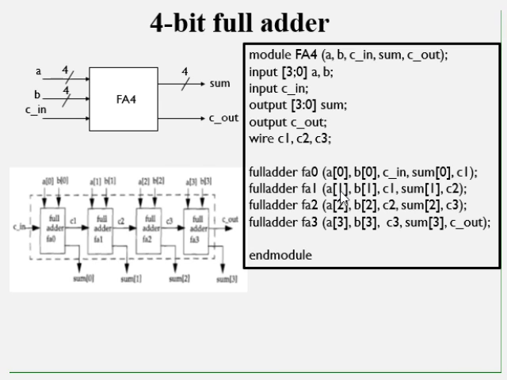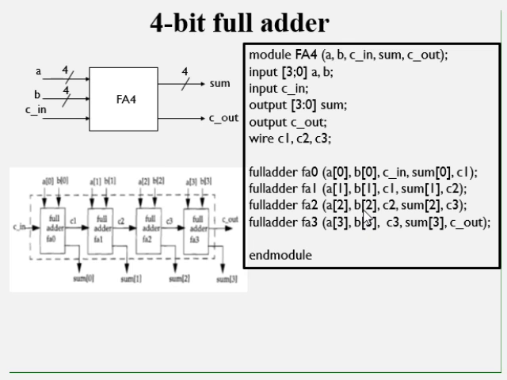FA1 is A of 1, B of 1, C1 as the input carry, sum 1 and C2 as the output carry. FA2 is A2, B2, C2, sum 2 and C3. And FA3 is A of 3, B of 3, C3, sum of 3 and C out. So you just have to write the detailed logic diagram appropriately labeled and directly transfer its textual representation into the Verilog code.